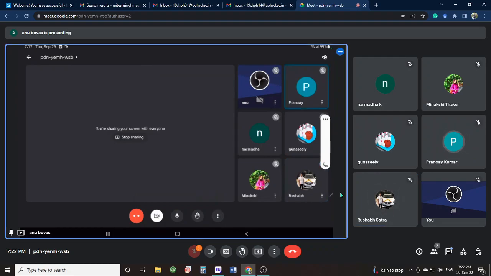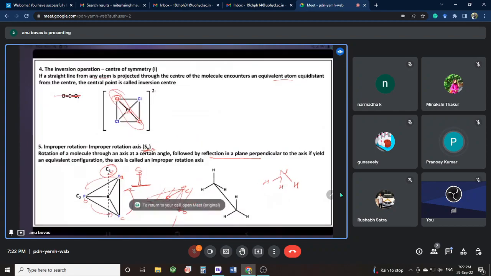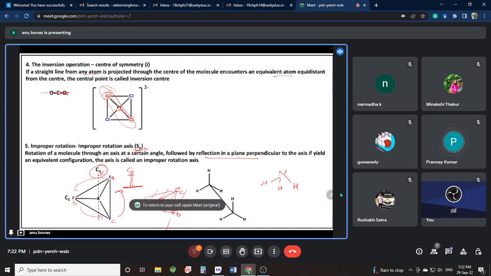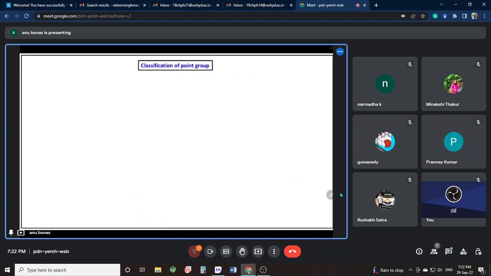C3 axis. Yeah, correct, C3 axis. So I hope you understood what I mean to tell. If these points are clear, the inversion operation, the improper rotation axis, if these operations and symmetry elements are clear, then we can move on to answering the question.